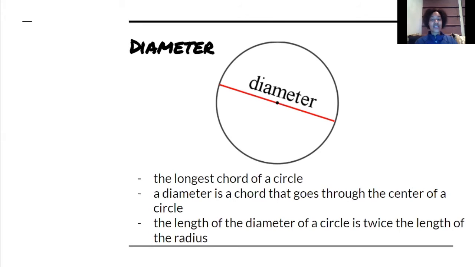So the diameter is also the longest chord of the circle. And another note: the length of the diameter of a circle is twice the length of the radius, which is what we're going to look at in just a second.